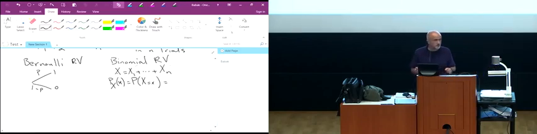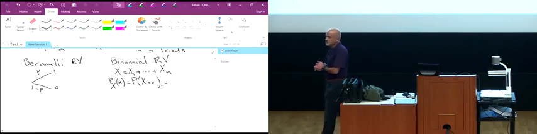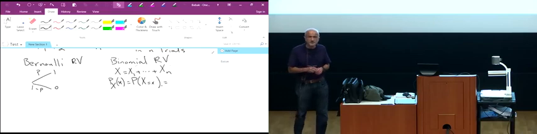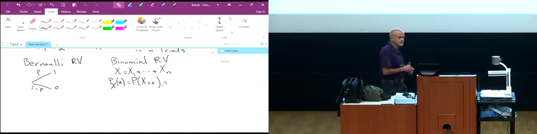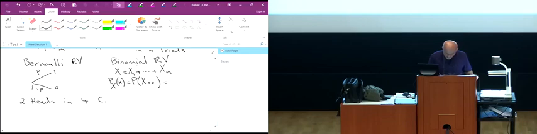That's what a binomial is. Now, what's the probability that I have, say, 5 successes in n trials? Let's make it smaller. Let's say 2 heads in 4 coin flips.